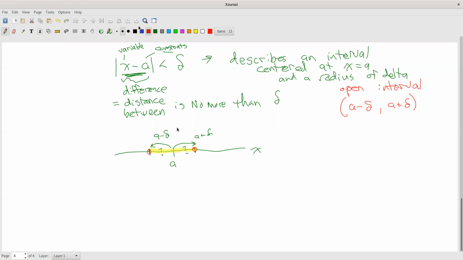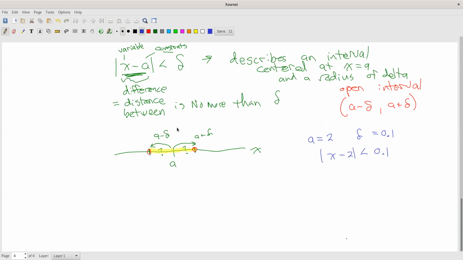Let's suppose I have a is equal to 2 and delta is equal to 0.1. Not a super small number, but a kind of small number. Then my inequality would look like this. x minus 2 in absolute value has to be less than 0.1.